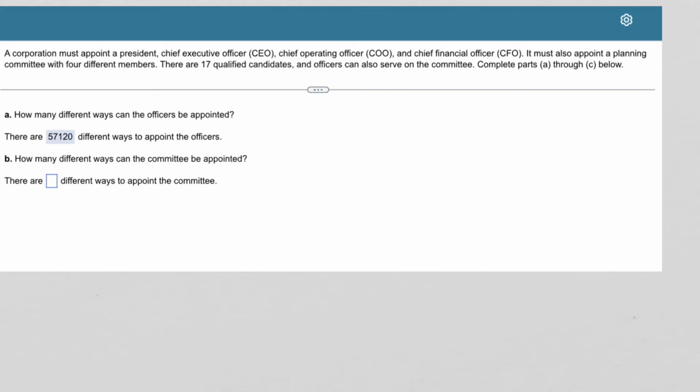So in this case, the order is not important. Whether you're the first person on the committee or the second person, it doesn't matter. You're both on the committee. And since all the officers are available to serve on the committee, that means that we're starting with 17 and we're choosing 4 people because it said 4 people on the committee.